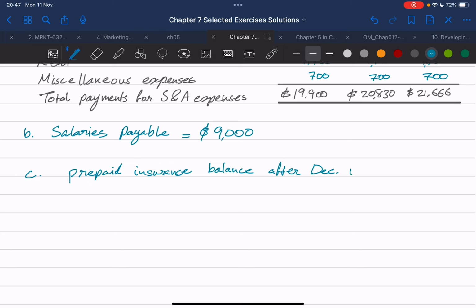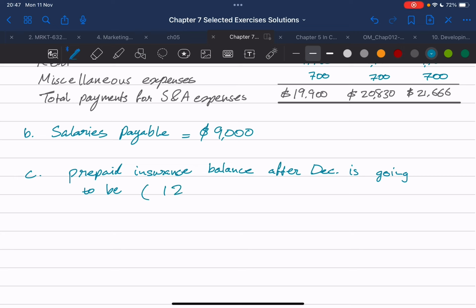It is going to be, you can either say 1,200, which is the cost of coverage for each month, multiplied by 3, okay?